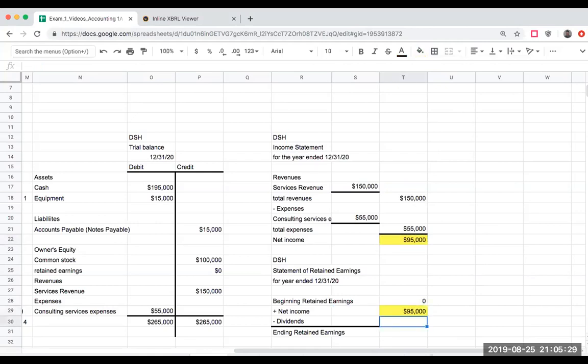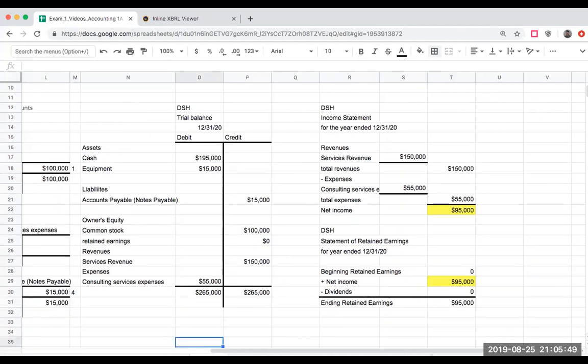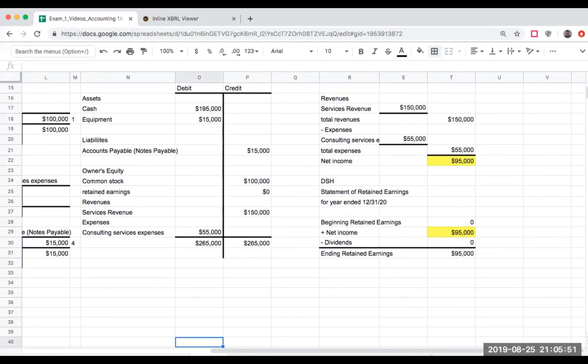That's why you have to do it in this order. So my dividends were 0 because we did not have any for this particular problem. So my ending retained earnings balance, my beginning retained earnings plus my net income minus my dividends, is 95,000.